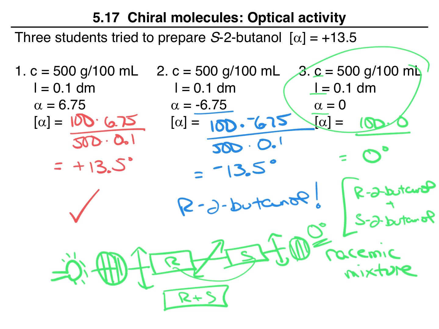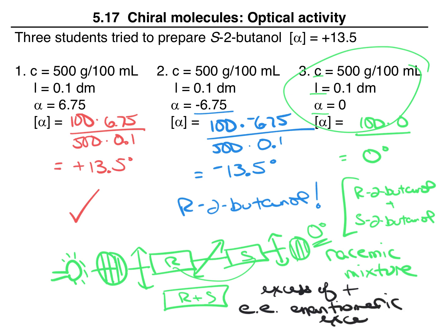So here we have examples where it is pure S, pure R, and then a 50-50 mixture of S and R. It's also possible that we have a mixture of enantiomers that is not a racemic mixture. So maybe it's not 50-50, maybe you have an excess of the dextrorotatory. Then you can calculate what's called the EE, the enantiomeric excess.